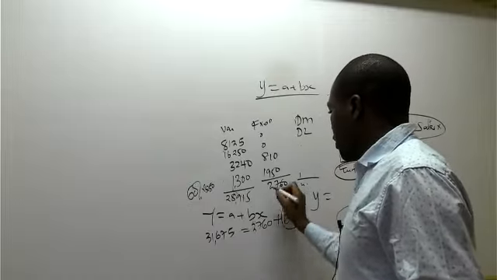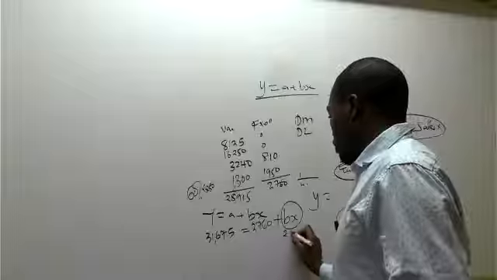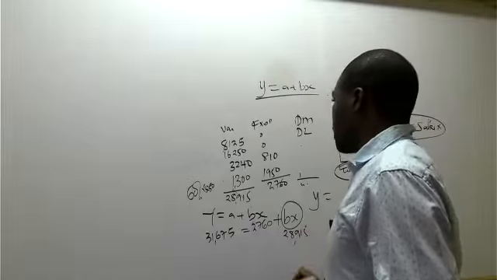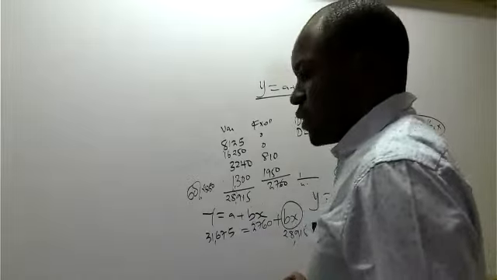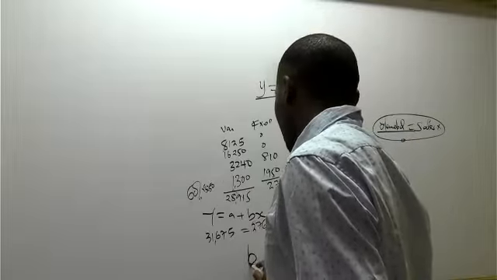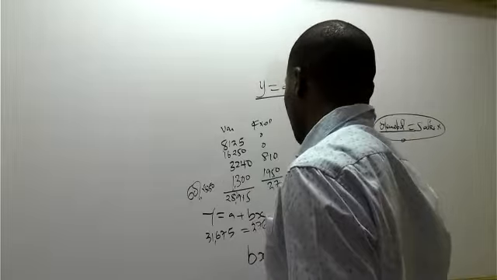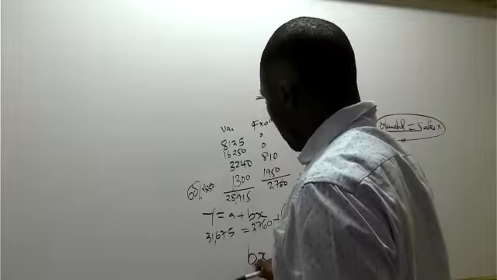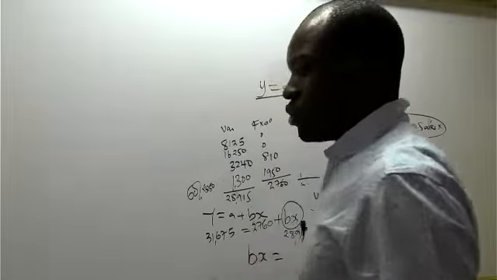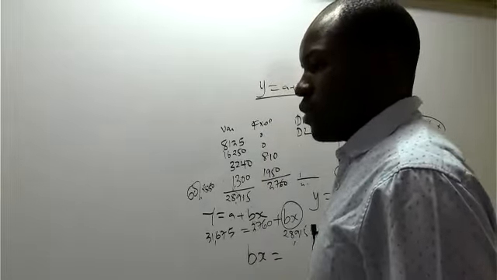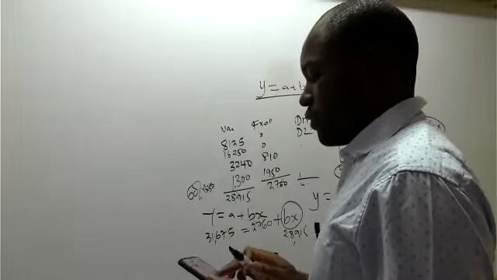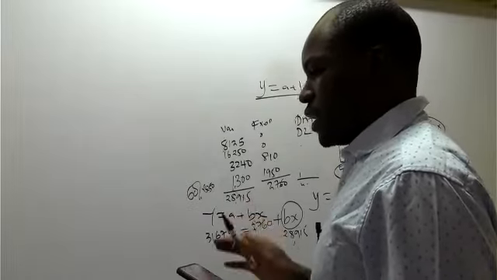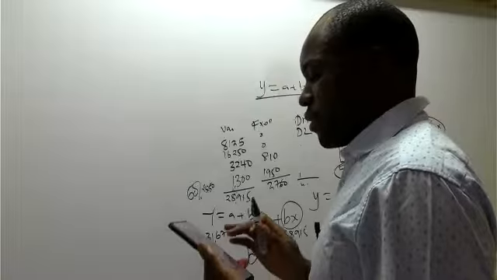This bx is the total variable cost, which is 28,915. Bx is equal to variable cost per unit multiplied by the quantity. What was the budgeted activity level?